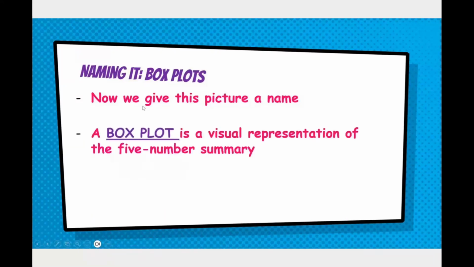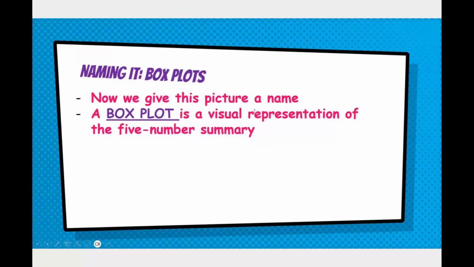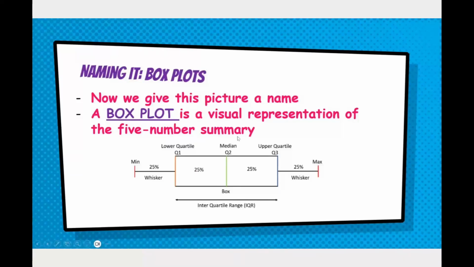To give the picture a name, a box plot is a visual representation of the 5-number summary. And some of what I was talking about is how you interpret a box plot. It really is just taking your 5-number summary and making what we just saw. So, for instance, here is a box plot, and you can also call this box and whisker.